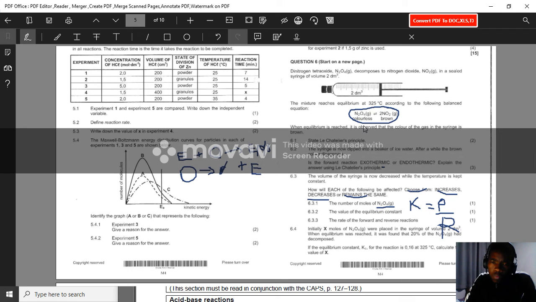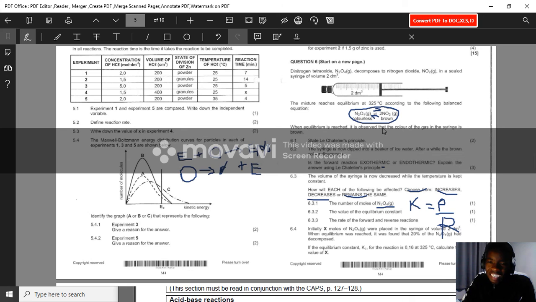So the answer will be remain the same. The Kc will remain the same because I'm increasing pressure in the whole system. So that will lead to both reactions being favored. When we are forming products, we also form reactants.